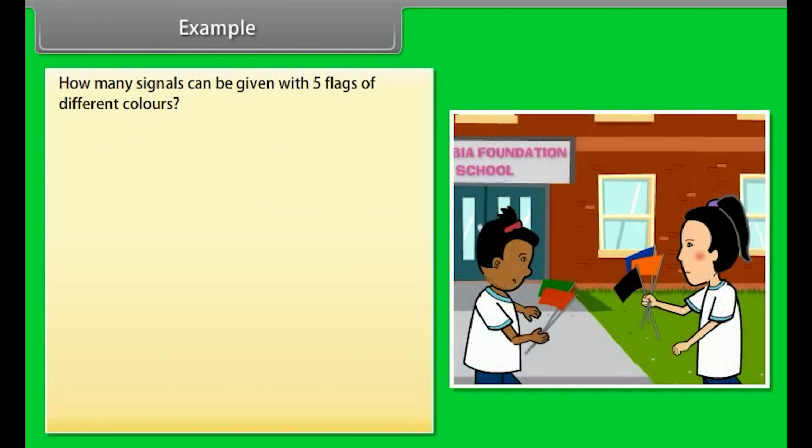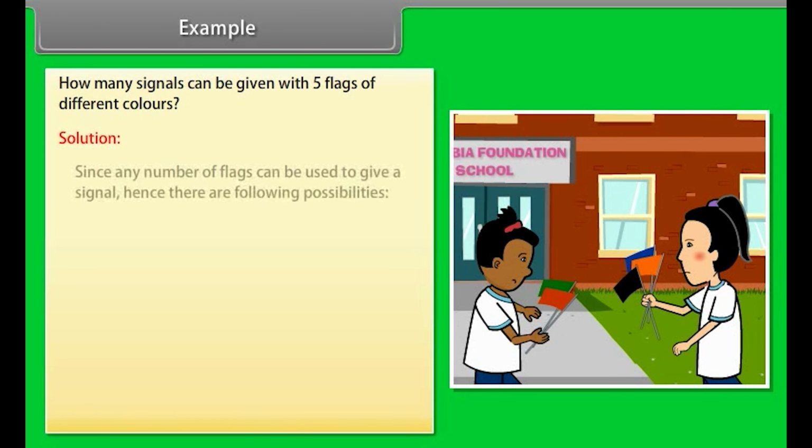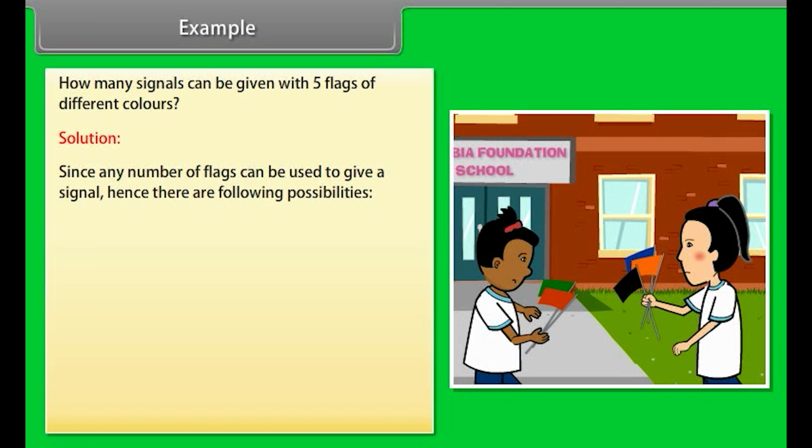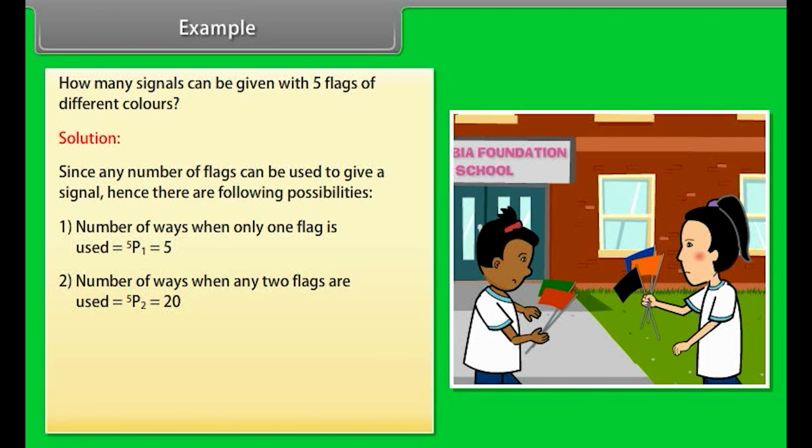648. How many signals can be given with 5 flags of different colors? Solution. Since any number of flags can be used to give a signal, there are the following possibilities. 1. Number of ways when only one flag is used is equal to 5P1 is equal to 5. 2. Number of ways when any 2 flags are used is equal to 5P2 is equal to 20. 3.